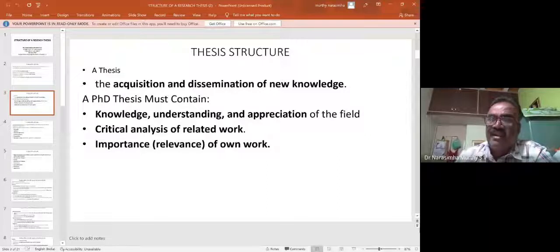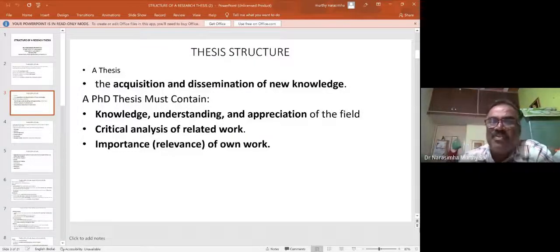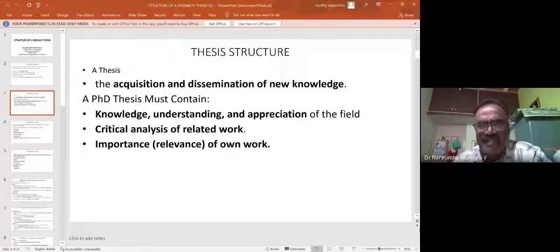Second thing, a critical analysis of related work. Now I heard Balaji sir talking about a lot of technical things. Being an English teacher, I would like to connect with critical analysis. We use a theoretical framework, and it can be gender studies, post-colonial criticism, subaltern studies, anything, black feminism, cultural studies.